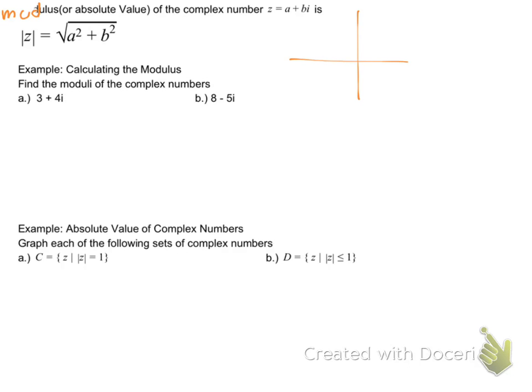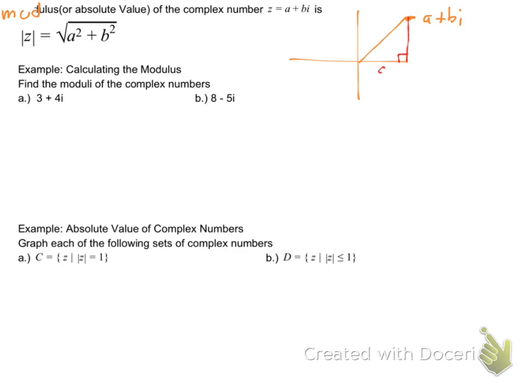If I have a complex number out here at a plus bi, would you not agree that that would be the distance to the center, or to the origin? That line forms a right triangle with the x-axis when I drop straight down, right?